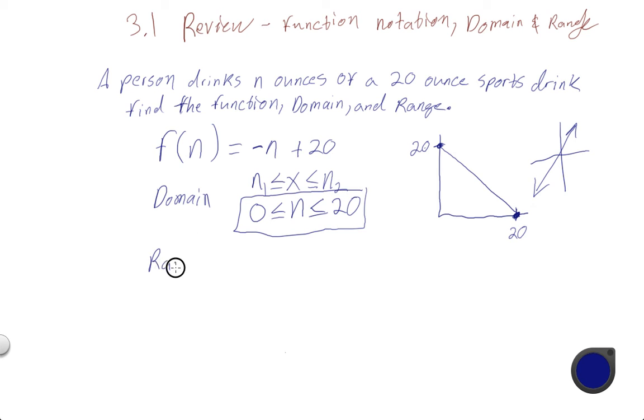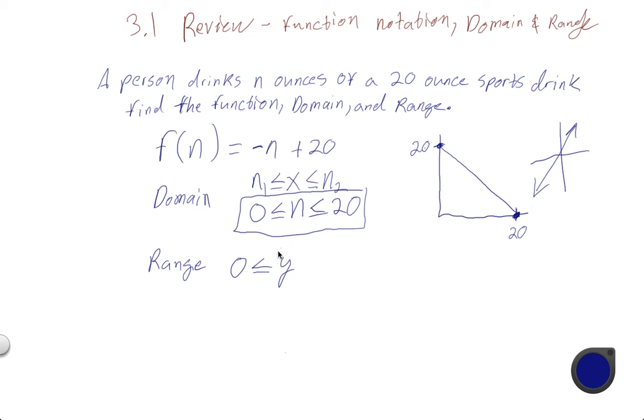Let's look at the range. Well, for this one, it's actually pretty easy because there is somewhere between the bottle being empty, which would be at 0, and we can use f of n, but really we're going to use y for this. You could use f of n, and that would be fine.